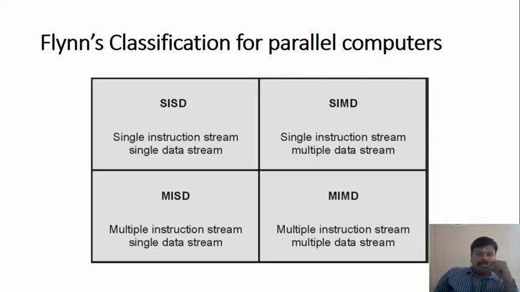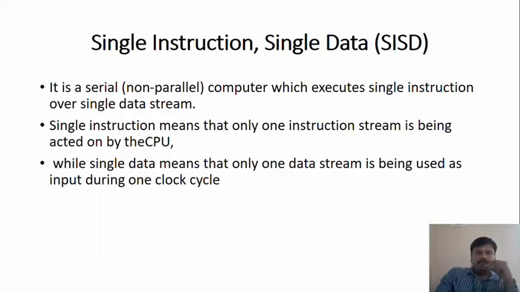So the instruction stream and data stream will be single, multiple, multiple, single, multiple, multiple. This is why Flynn's classification is done for parallel processing for the execution of the program, that is, the processing of a task.